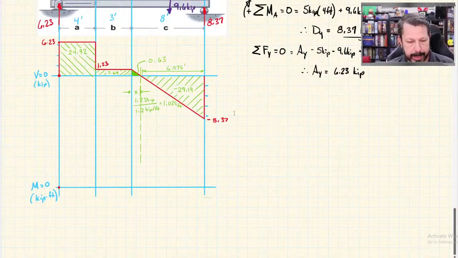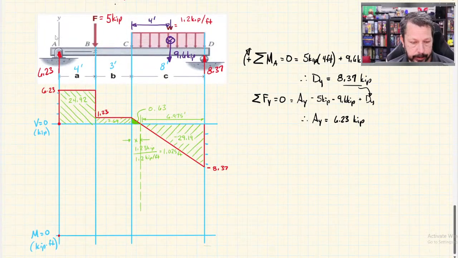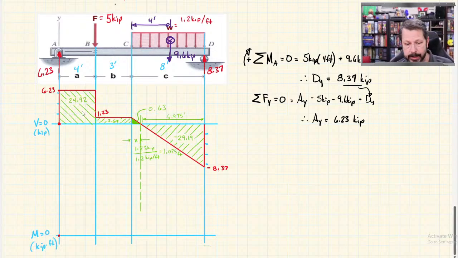So I just figured out for the first segment here from point A to B, that's one block in my shear diagram. The area is 24.92. It's positive, meaning that the shear is all positive shear. So 0 plus 24.92 is 24.92.